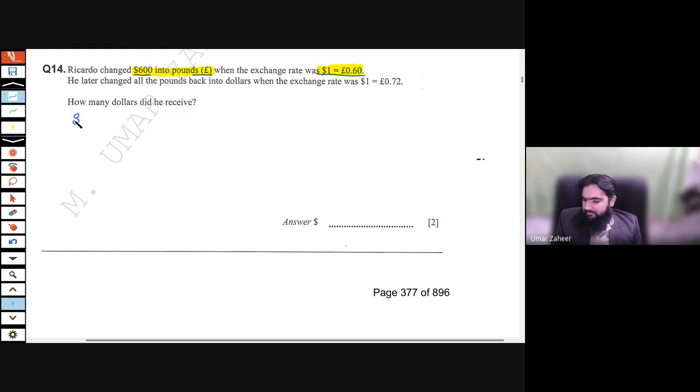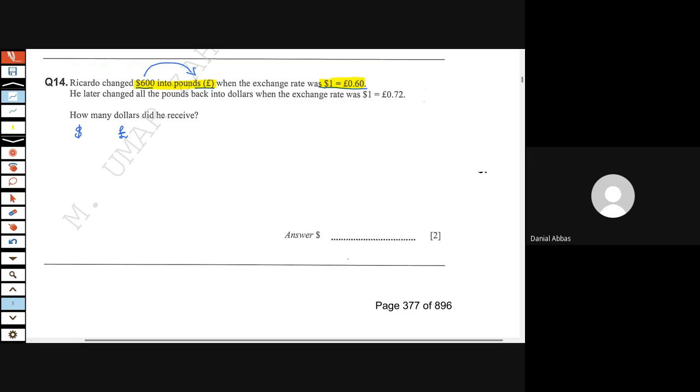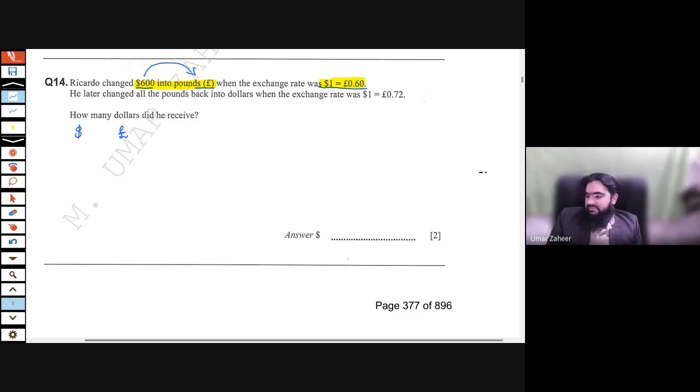What is the first step? We have to convert dollars into pounds. Sir, we will multiply. Yes, we have to multiply.